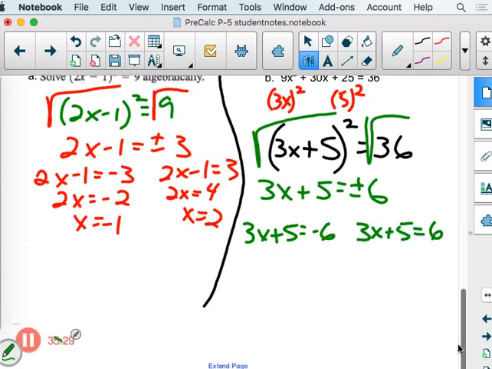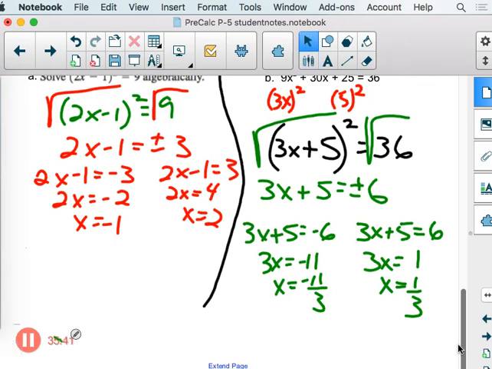And yeah, I know your heads are all down and you've already got the answers. Well, good. x equals negative 11 thirds. x equals 1/3. That's extracting roots right there.